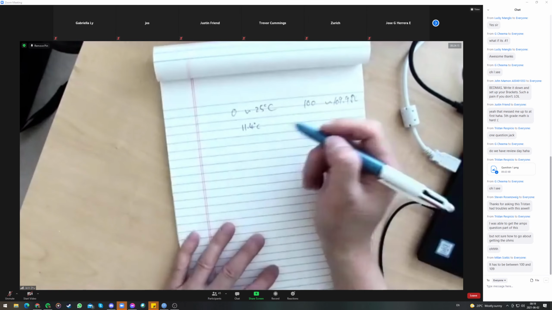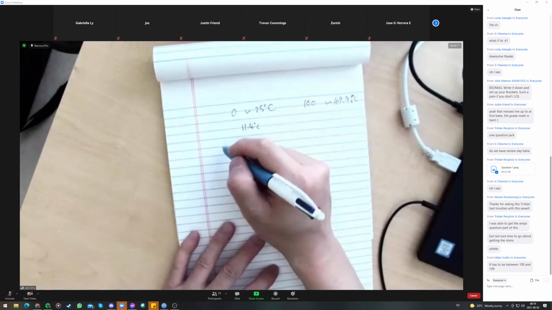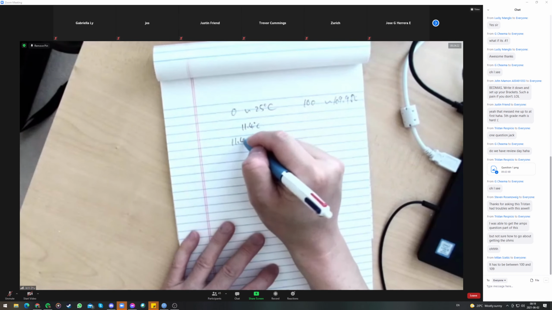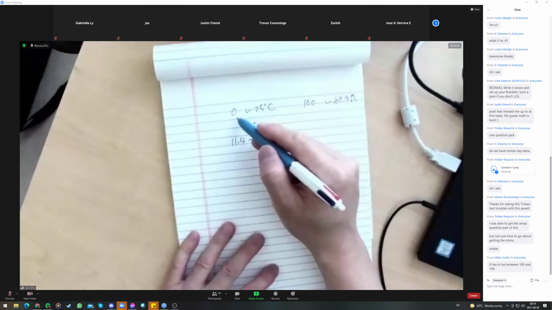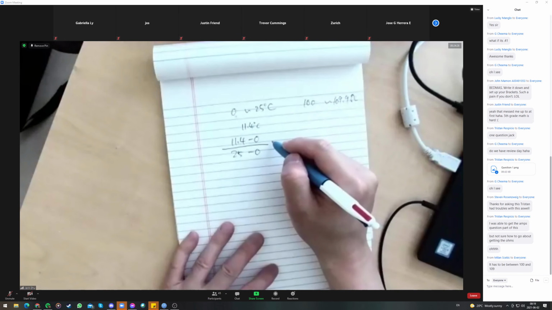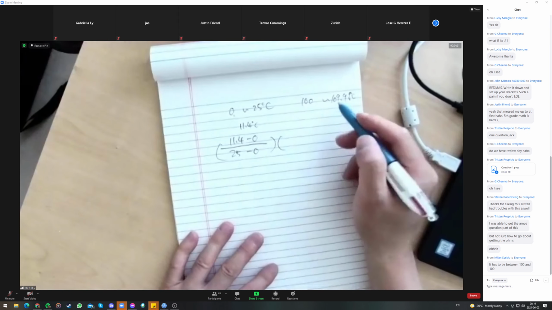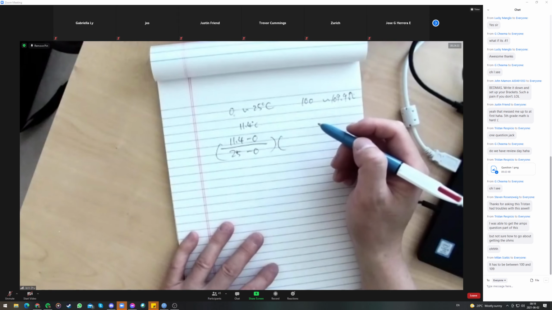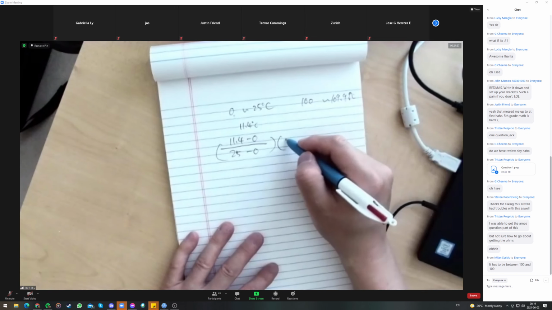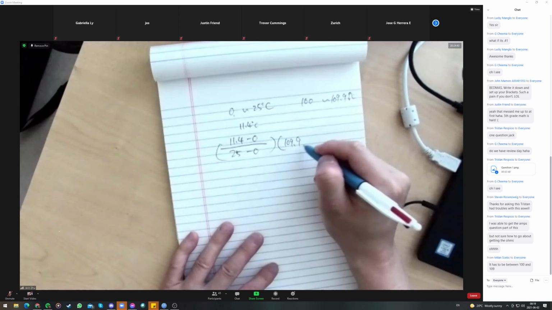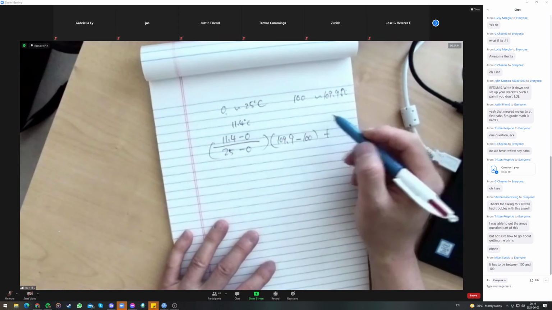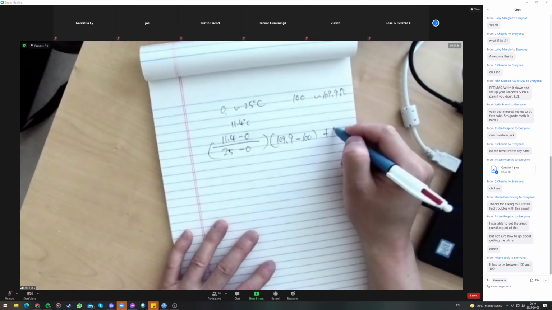So my resistance is going to equal 11.4 subtract 0, because the minimum is 0, over 25 subtract 0. That's my temperature. Then the resistance down here will be 109.9 subtract 100, because my minimum is 100.